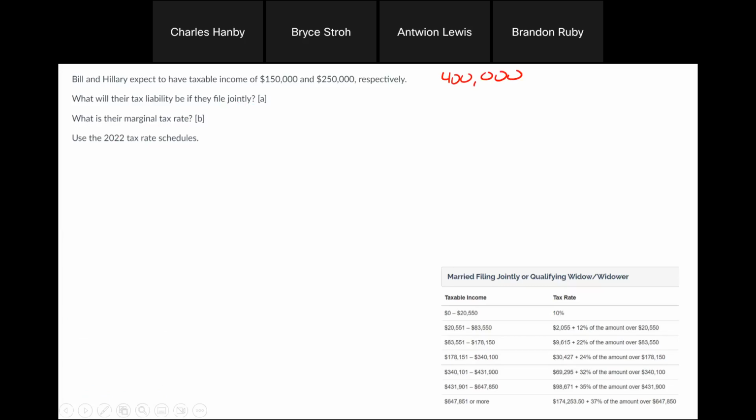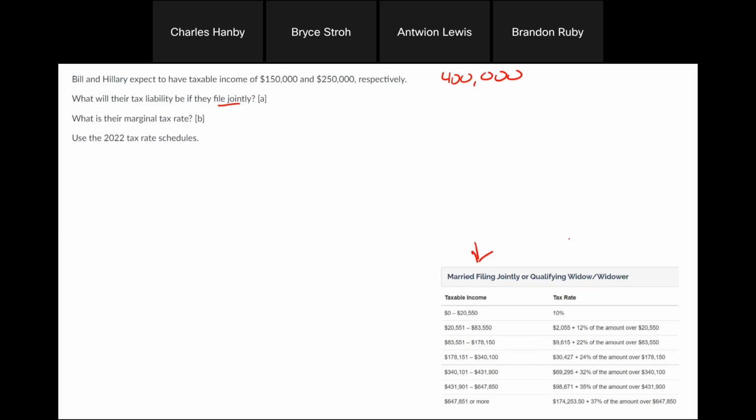If they file separately, we would use a different schedule, and we will have to do the calculation separately. In this case, since they're filing jointly, we're going to use the married filing jointly schedule. And then here we also have qualifying widow or widower.